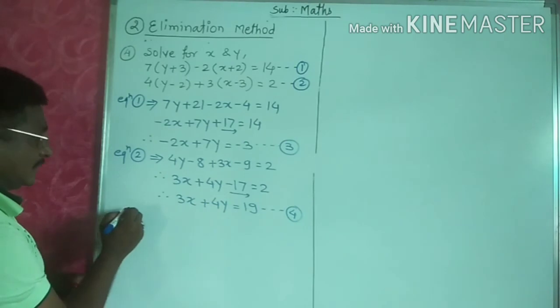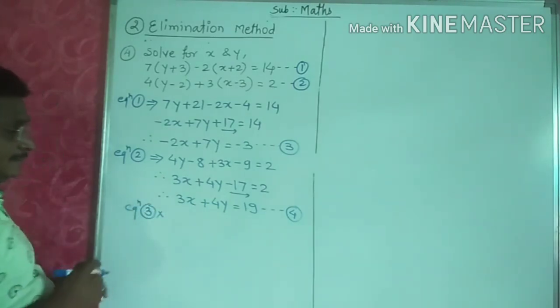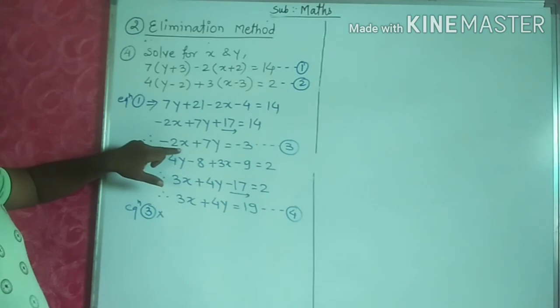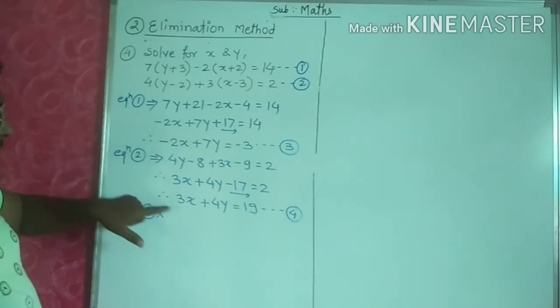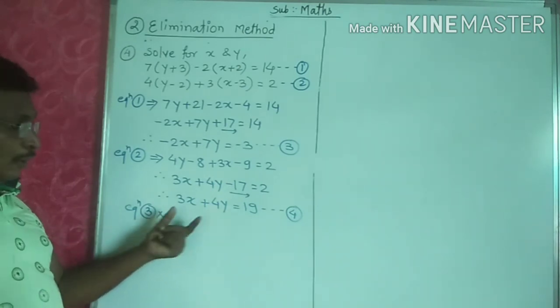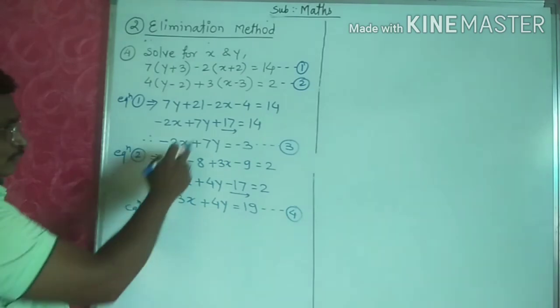So how to make it? Coefficient of x of equation 3 multiplies equation 4, and coefficient of x of equation 4 multiplies equation 3. So what will we get?